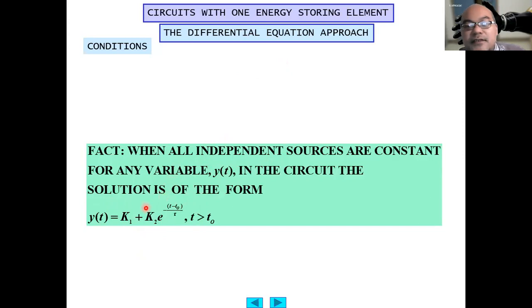But this is the specific case where the independent sources are constant. So the right-hand side of the differential equation is a constant, where Fth becomes K1, which is the steady state value, the value when t approaches infinity.